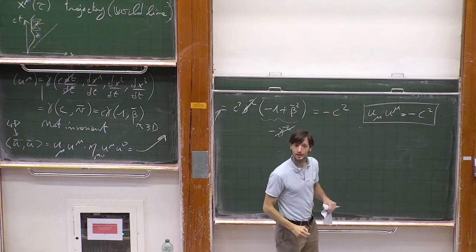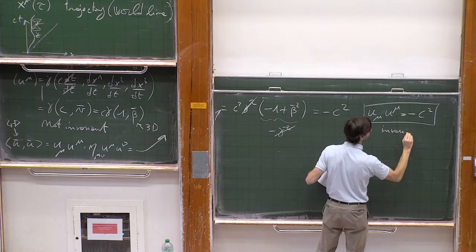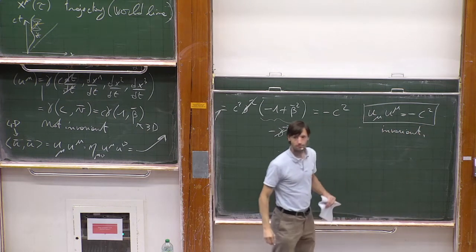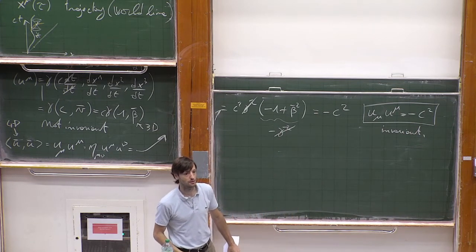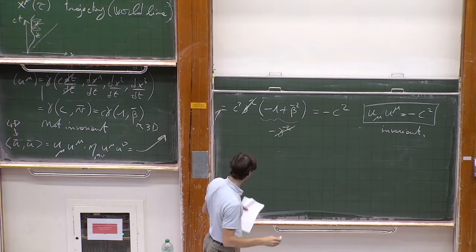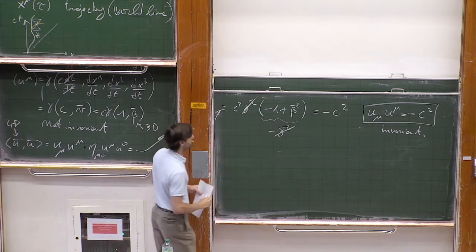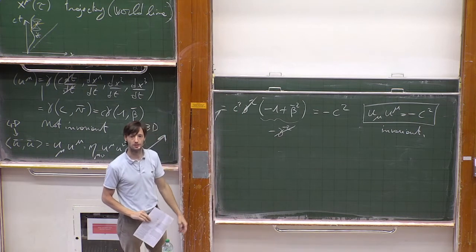And this is invariant, and is always equal to minus c squared. Always. That's because this gamma and gamma cancel each other.